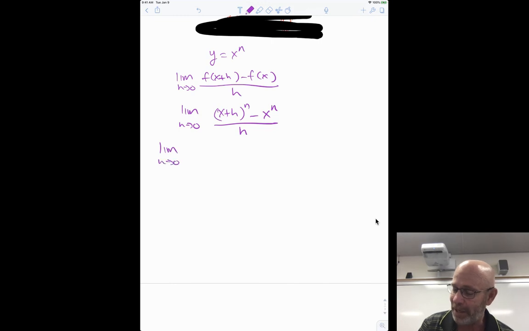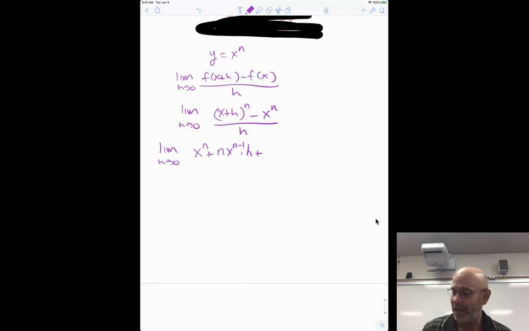Hopefully you remember this. The first term's actually going to be x to the n. The next term's actually going to be n, whatever that power is, times x to the n minus 1 times h. All right. The next term in the binomial theorem, it uses probability and combination. So you may or may not remember this, but the next term is really not going to matter.